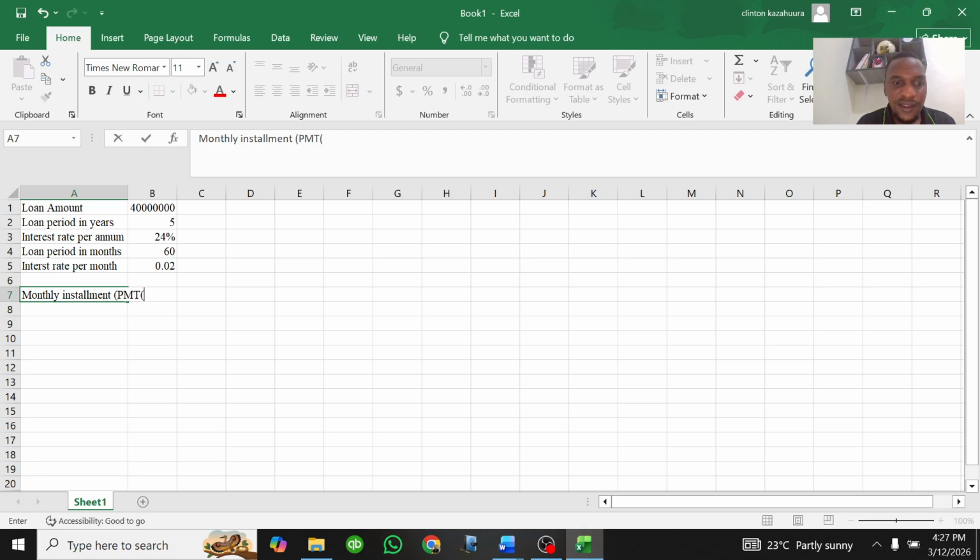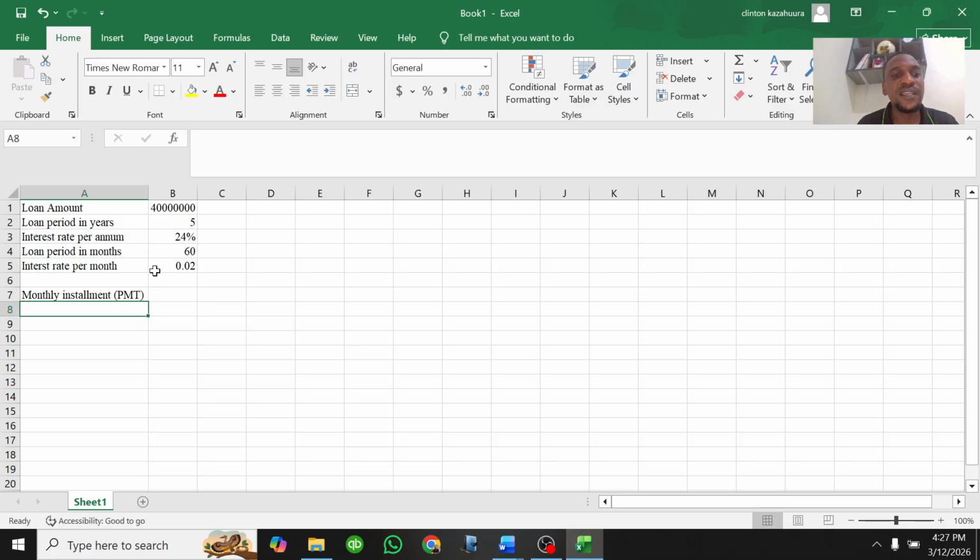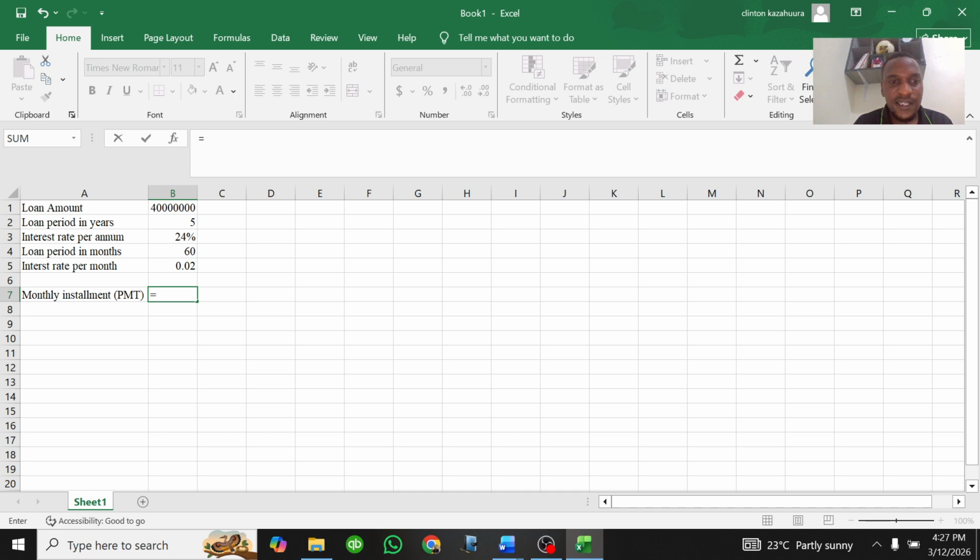So the beauty with Excel is that all these formulae are already configured in the system. So for you, you're just doing the input. So I will say equal signs. You must remember that each and every formula in Excel starts with equal signs.